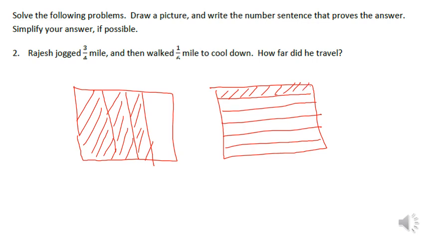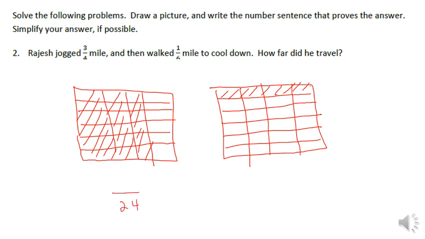Now we're going to split the quarters into 6. And we're going to split our 6 into quarters. Now we can see this one is 1, 2, 3, 4 by 1, 2, 3, 4, 5, 6. So we know our denominator is 24. And there's 3 by 1, 2, 3, 4, 5, 6, so there's 18 24ths.